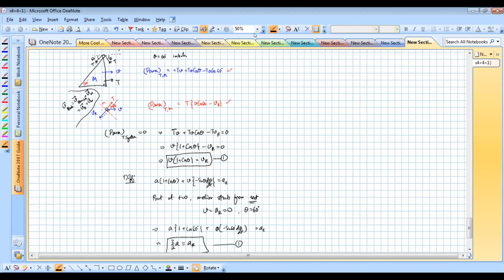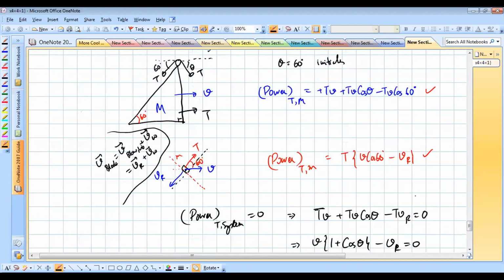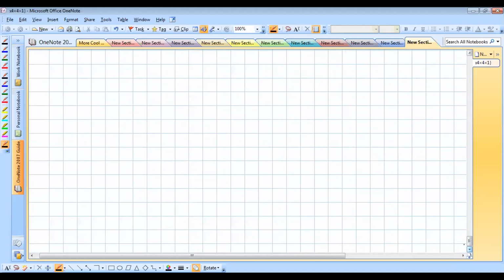Okay, so let's look at the free body diagrams also in detail. This is with respect to the inertial frame.